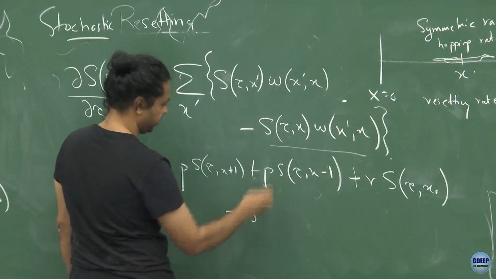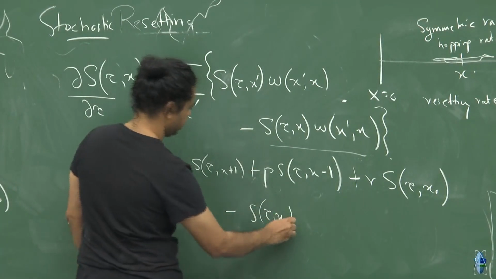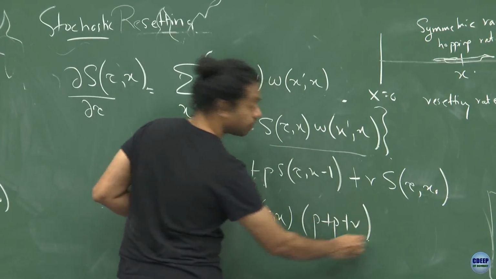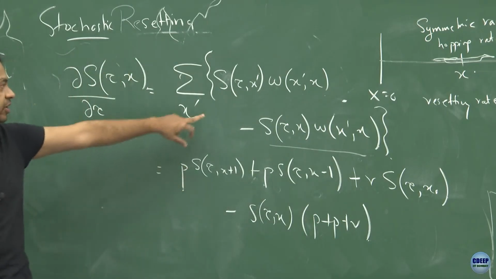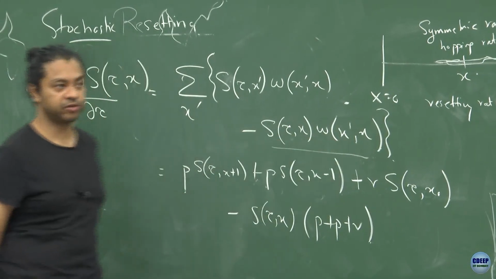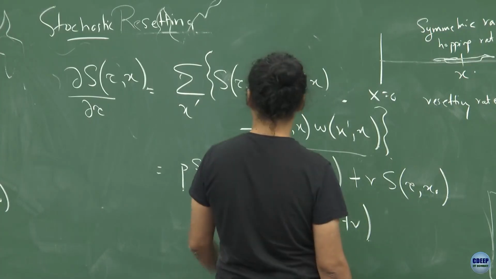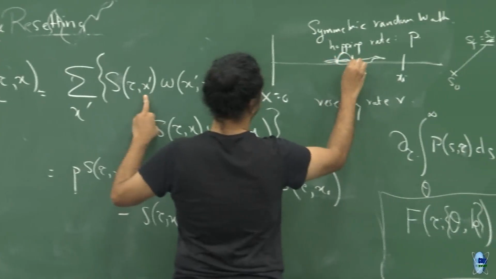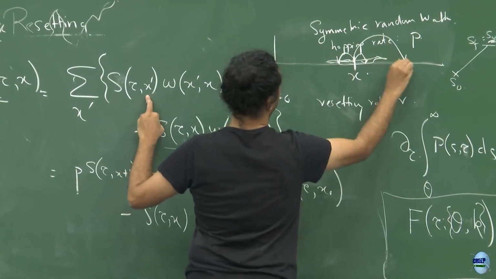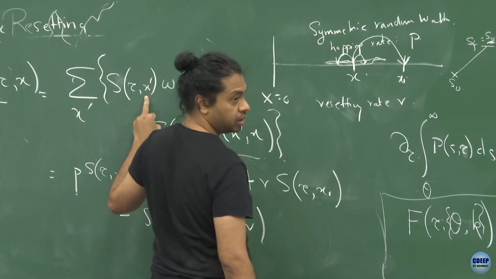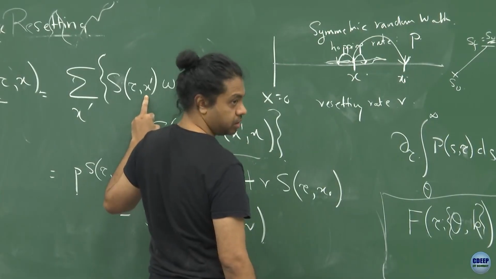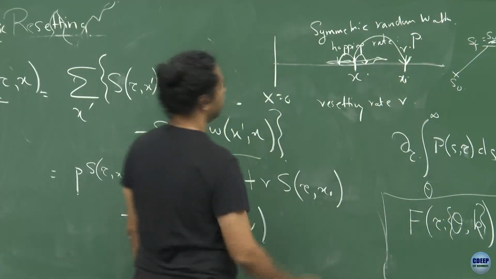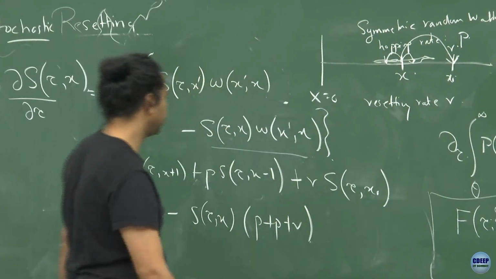You would have S of tau comma x times the same rates, so p plus r, because it's the same rates omega x prime x that appears over here. Because you start off from x, you can hop here, you can hop there, or you can go there. Rate of resetting is r. So from any position, these are the three options that you have.